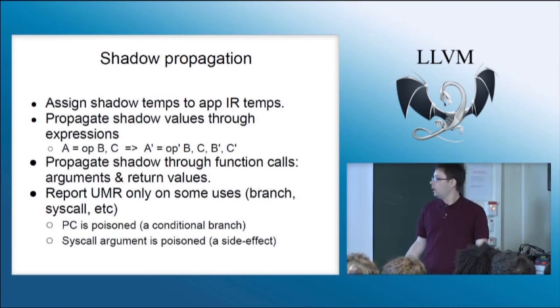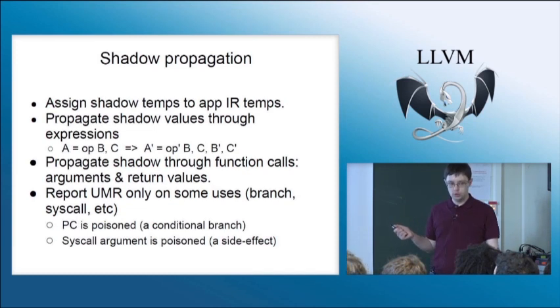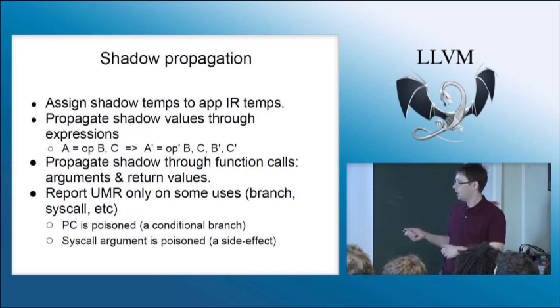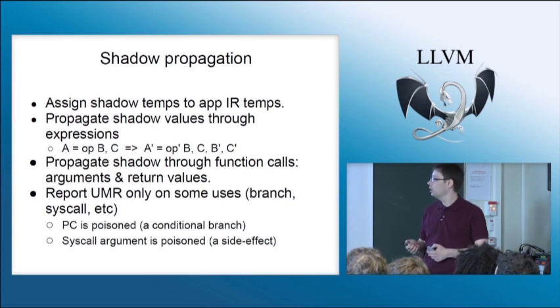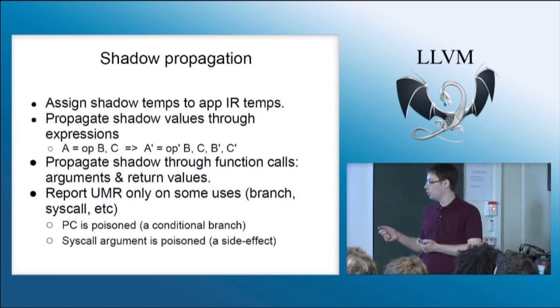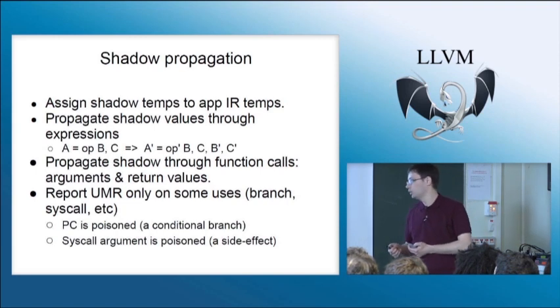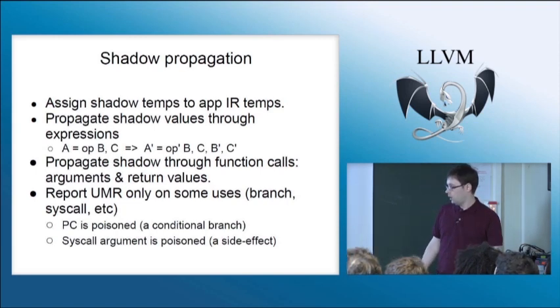We operate on IR, and we assign shadow temps to each application temp, and we instrument every IR operation by either propagating shadow to the result of this operation, or warning about the use of an uninitialized value.